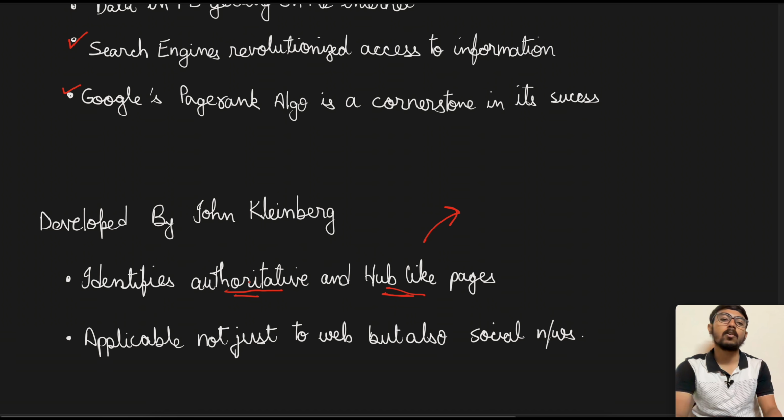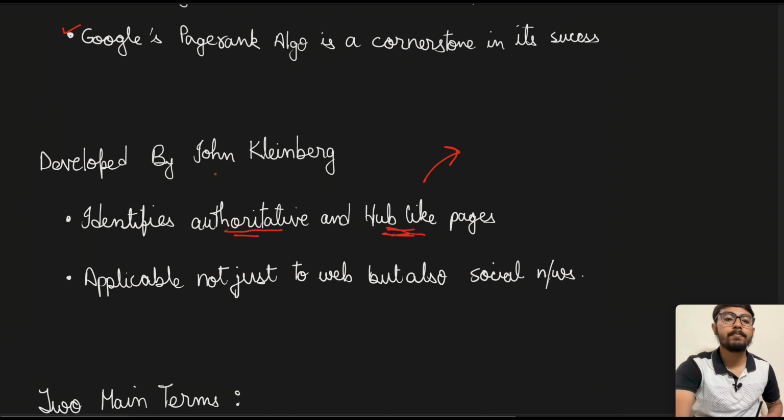There is a physical locality and it has a website attached to it, right? So those websites represent an authority, a business, and hub-like pages are kind of directories where the information regarding these organizations is stored.